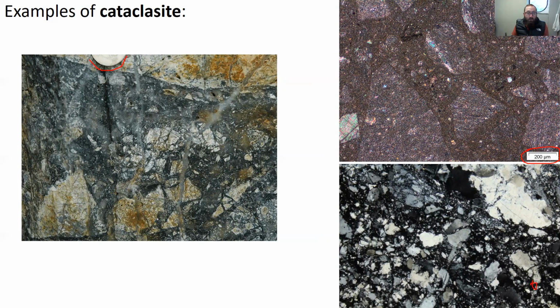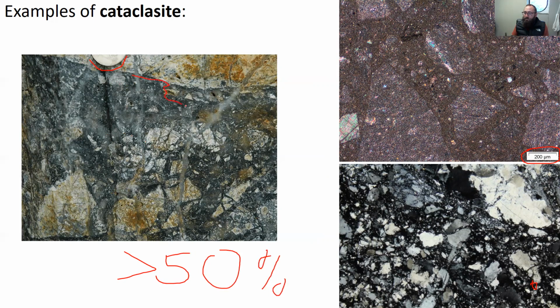Okay, in cataclasites there's significantly more matrix material, greater than 50%. And you can see that in this picture here.